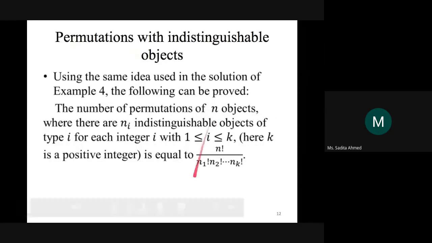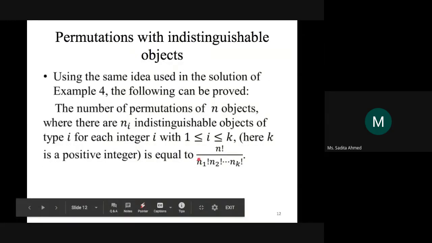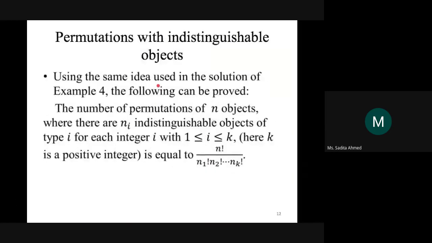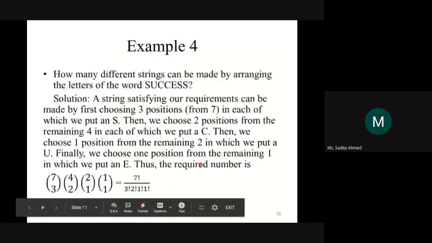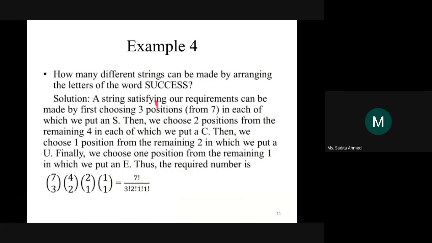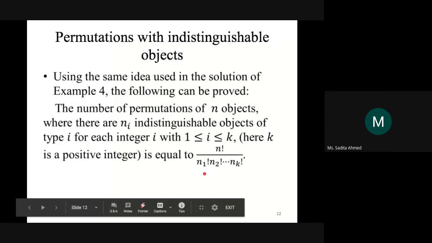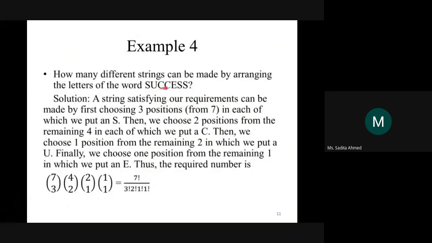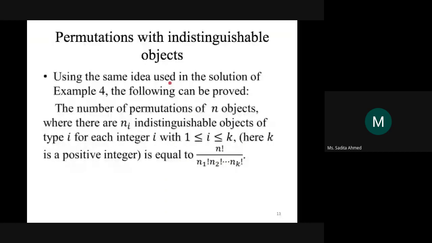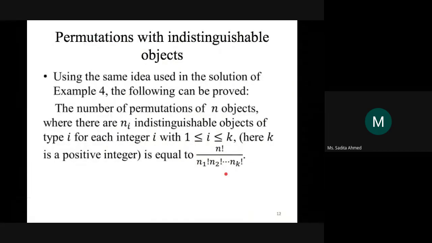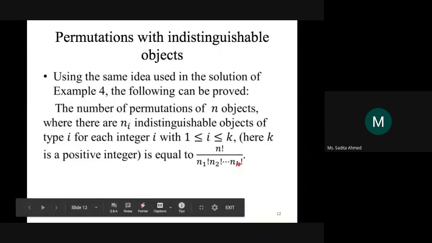So if you have n1 indistinguishable objects of the first type, here n1 is equal to 3. So here we have 3 indistinguishable objects of type S. All right. So n2 indistinguishable objects of the second type. Here 2 indistinguishable objects of type C. So n2 indistinguishable objects of the second type, n3 indistinguishable objects of the third type, and so on until the kth type.